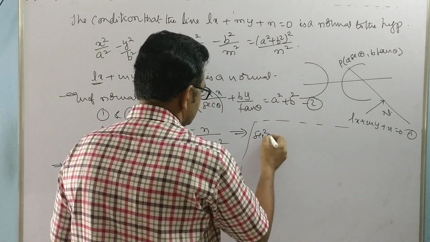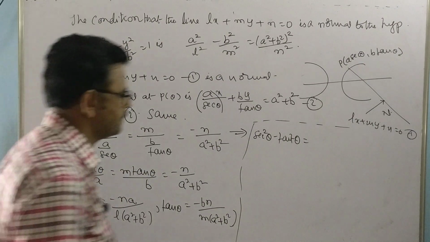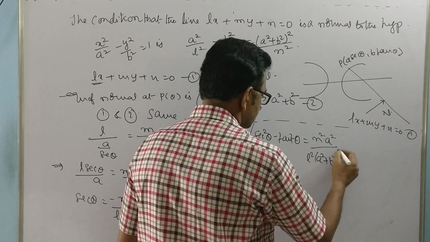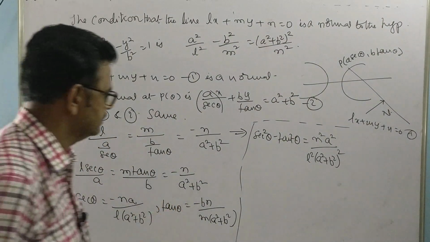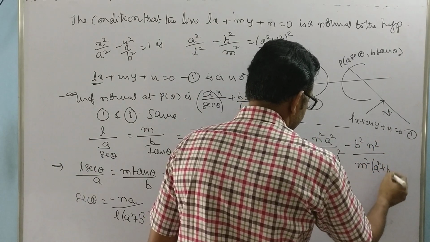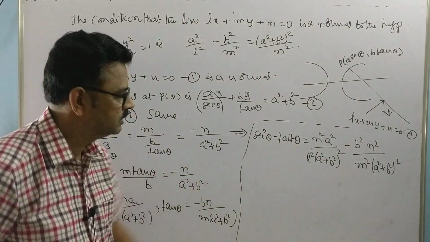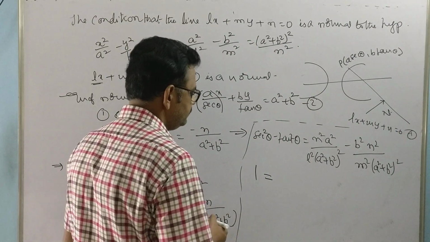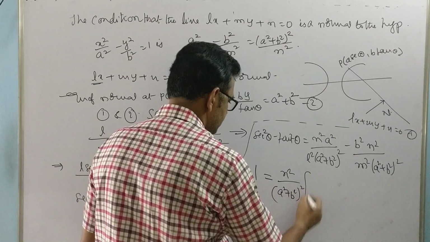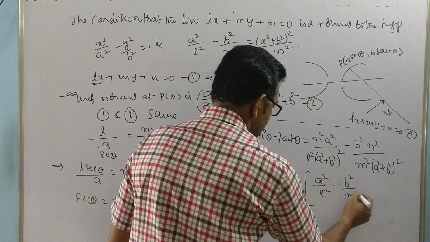Squaring, n square a square by L square into (a square plus b square) whole square, minus b square n square by m square into (a square plus b square) whole square, is equal to 1. Taking n square by (a square plus b square) whole square common, this is a square by L square minus b square by m square.